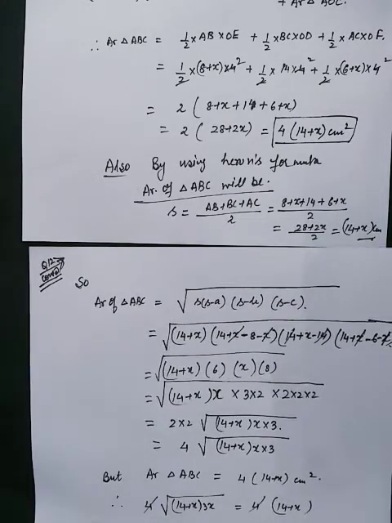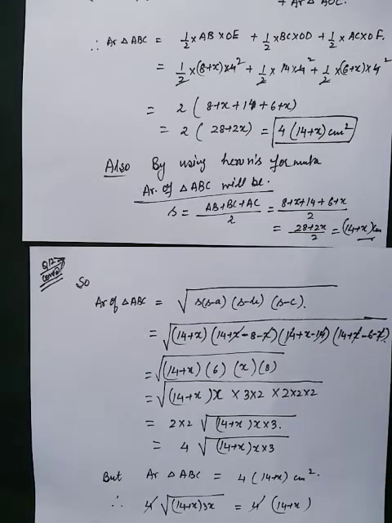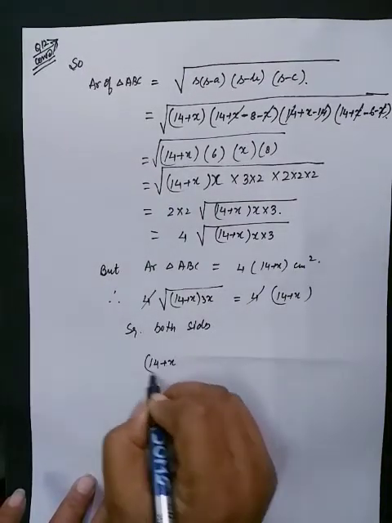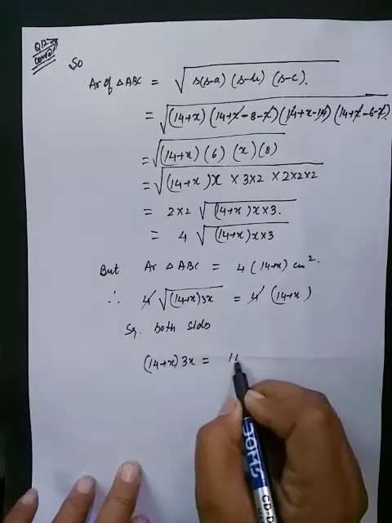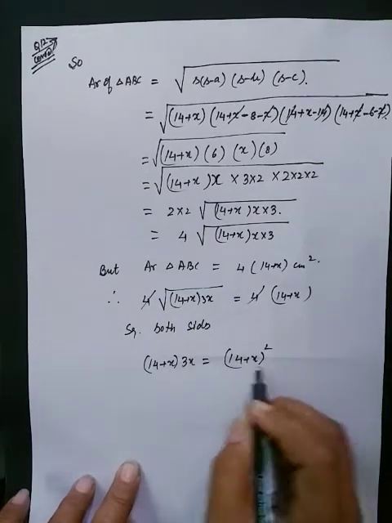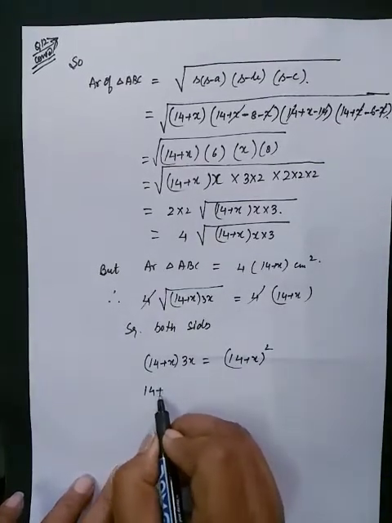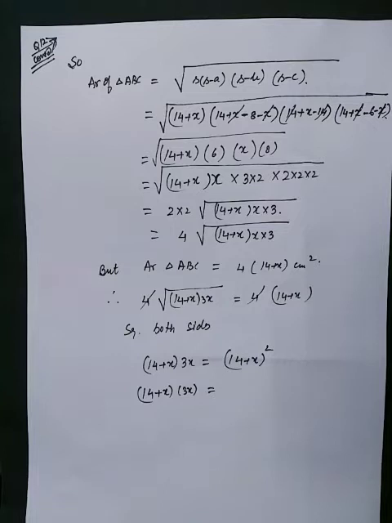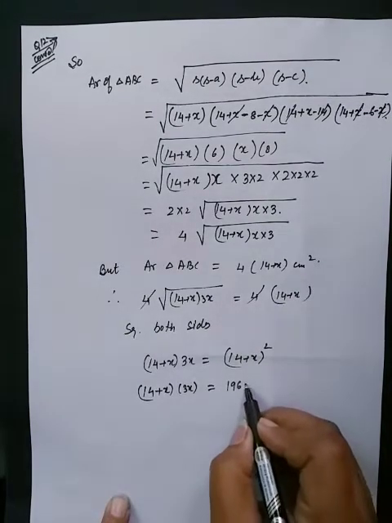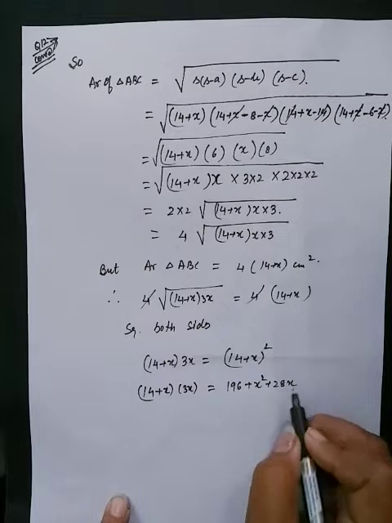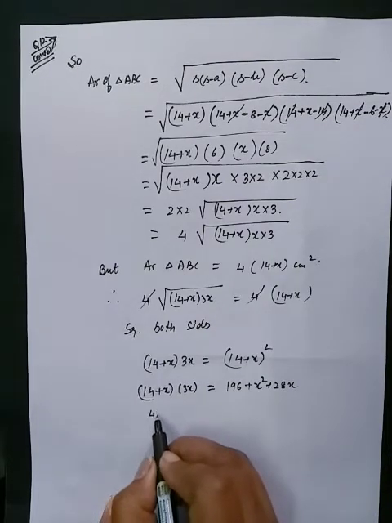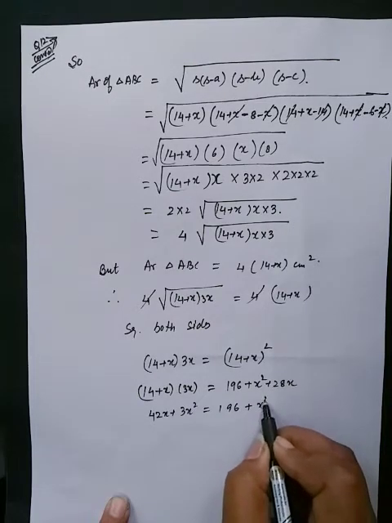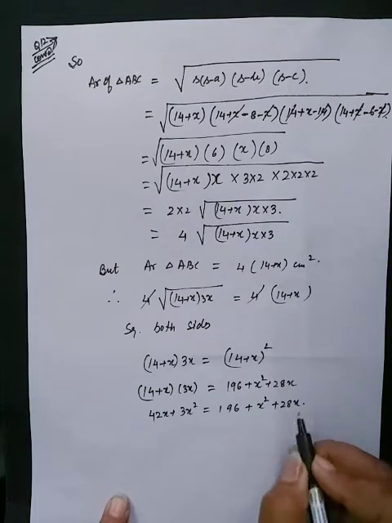Now squaring both sides, we will get 14 plus x into 3x, and using the identity a plus b whole square, on 14 plus x, a square plus b square plus 2ab, it can be written as 42x plus 3x square is equal to 196x plus x square plus 28x.